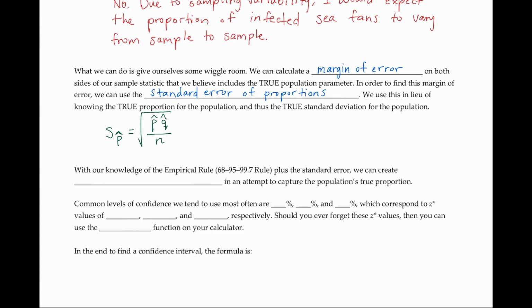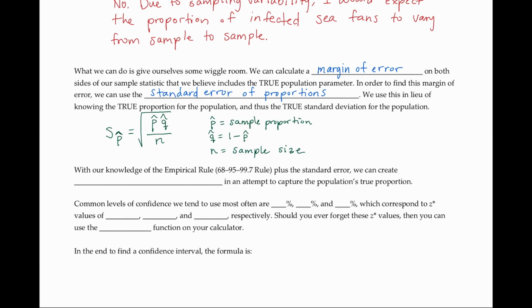And just to clarify for our future selves, p-hat is our sample proportion. q-hat is 1 minus p-hat, and n is our sample size. So you don't have to memorize this because it is on that formula sheet for you. What you do need to recognize is that you do not have p, instead you have p-hat, so we call it standard error instead.